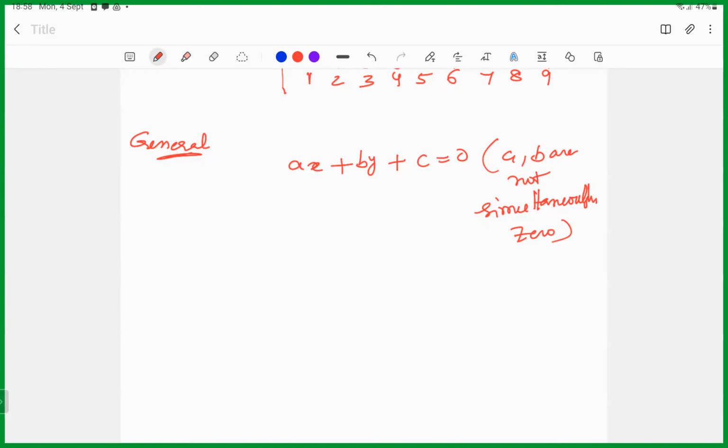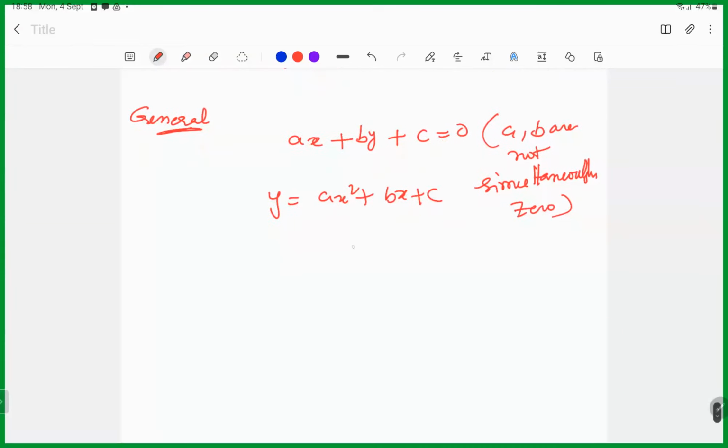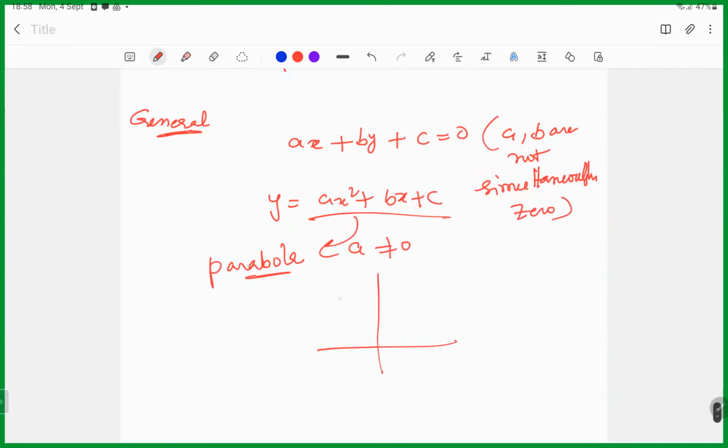Also, we have seen the graph of y equal to ax square plus bx plus c, where a not equal to 0, which is for parabola. So how will it look like? Or it can be like this also.